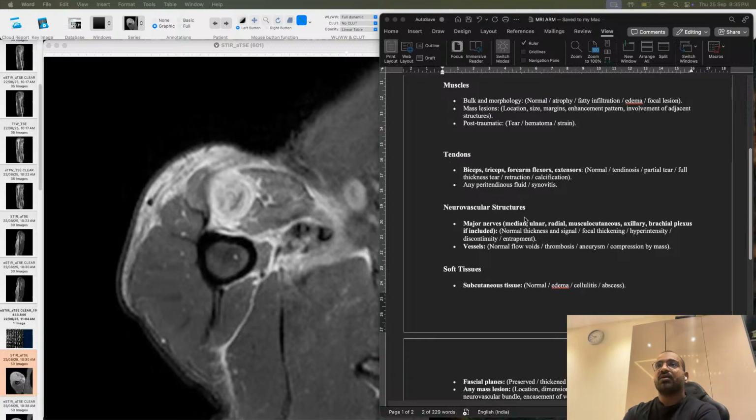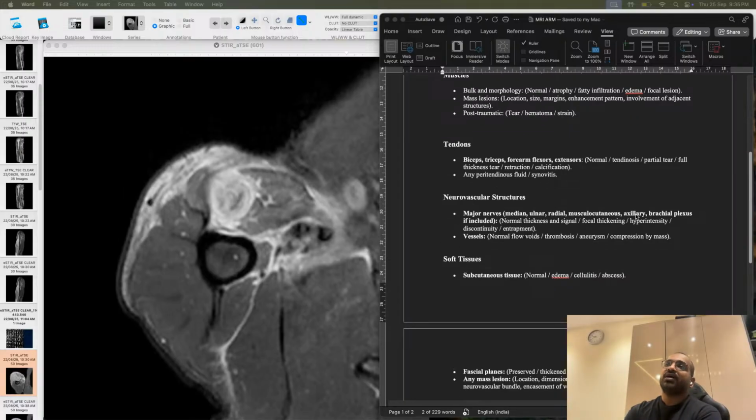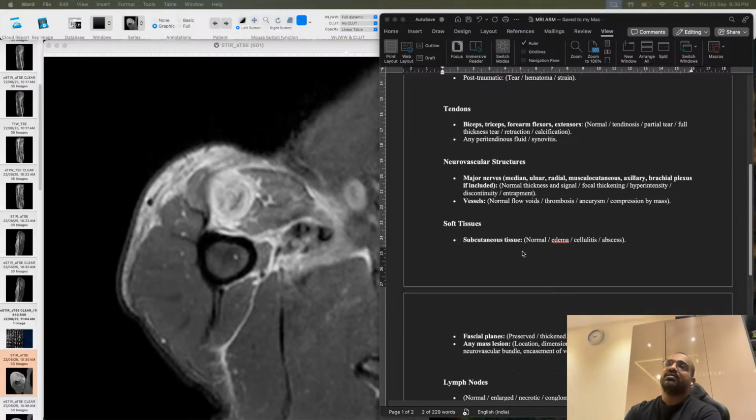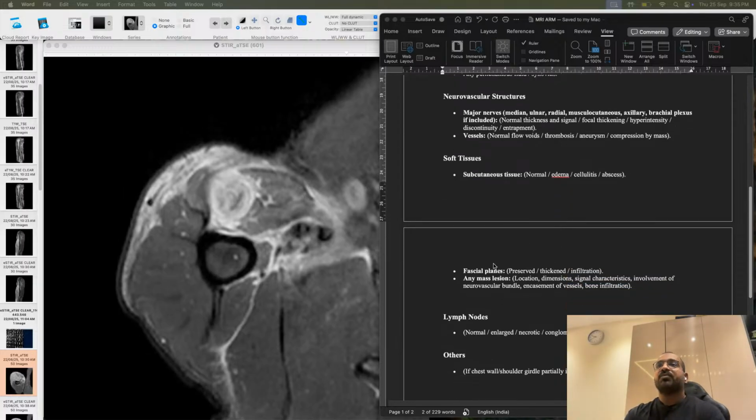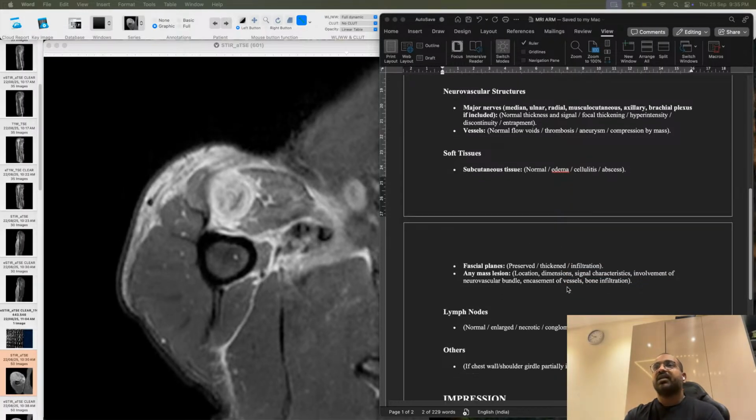Next we see the tendons: biceps, triceps. If the elbow is covered, then the forearm flexor and extensor tendons, any peritendinous fluid or tenosynovitis. So it applies to any tendon. Neurovascular structures, median nerve, what we have discussed. Then vessels, soft tissues, then fascial planes, whether preserved or thickened.